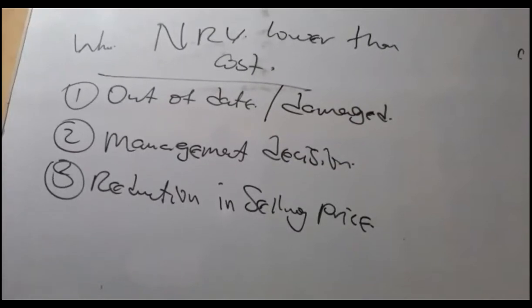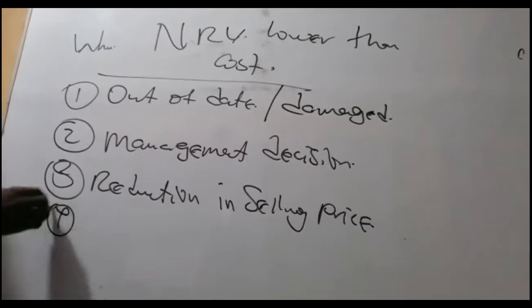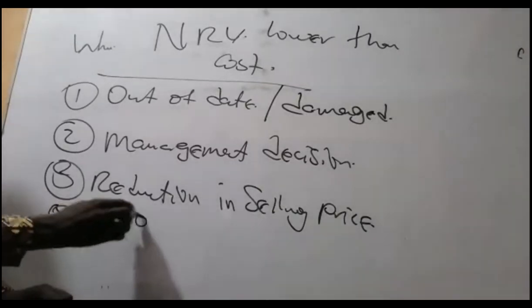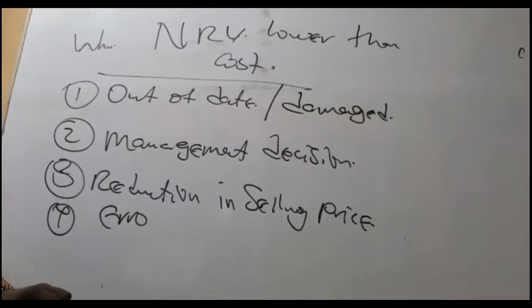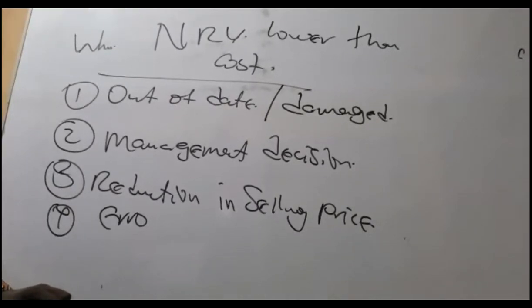Good. What about errors in the purchasing or production? Mistakes can also be errors. In fact, incorrect recording of data can lead you to underestimate or overestimate your cost. Or errors in purchasing or production.